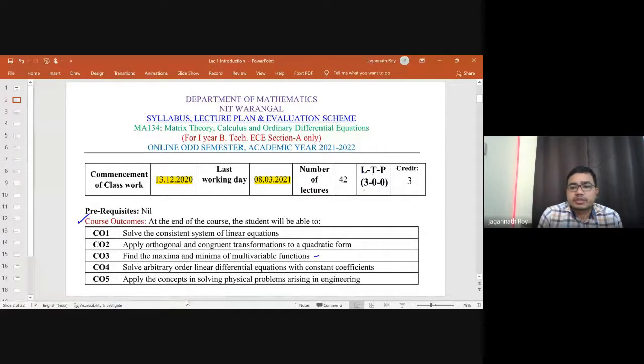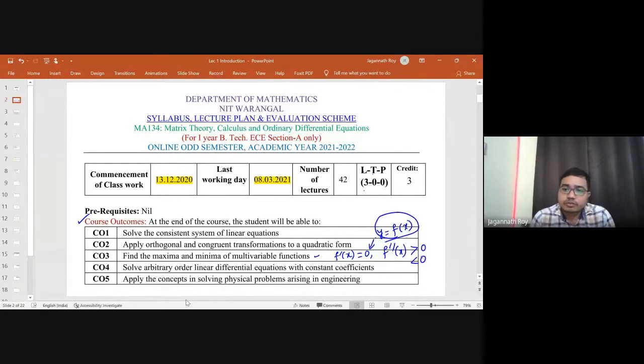Already you have seen that for maxima and minima, we make the first derivative 0, then verify the second derivative, whether it's greater than 0 or less than 0. Based on that, we can find out whether it is maxima or minima. But that is for single variable case, where y was a function f of x.